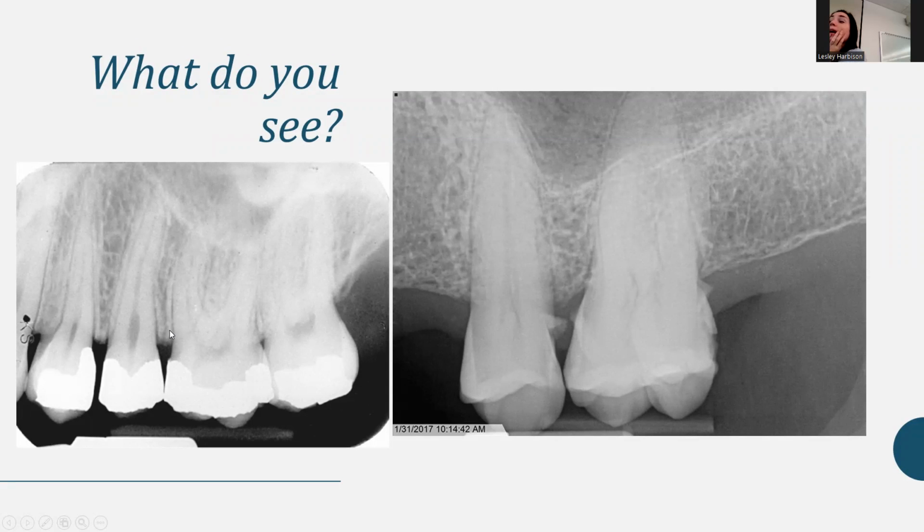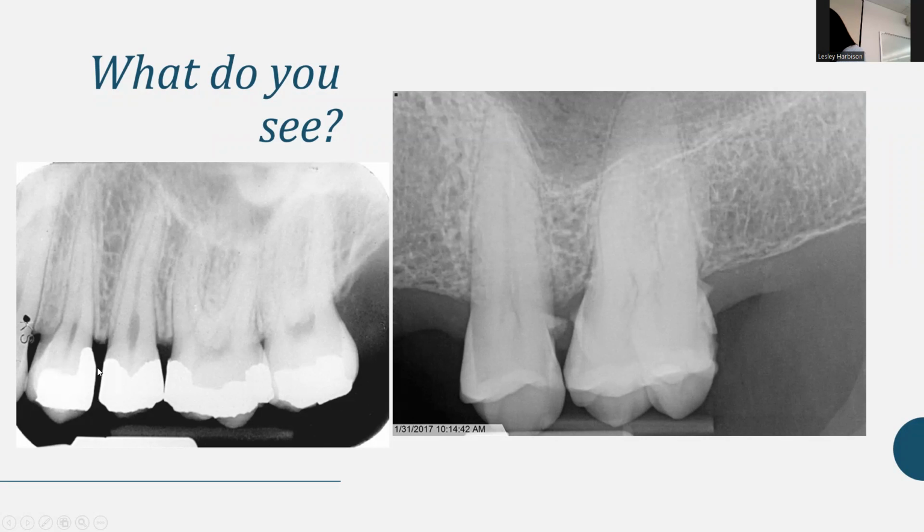Which it could be, the itsy bitsy beginnings of it, kind of a moth-eaten appearance. But you do see a fairly good intact lamina dura, although you could argue it looks a little less intact through there. And that's what it is. Thank you very much.